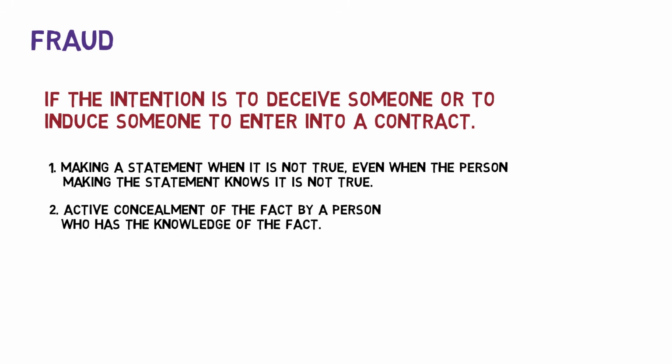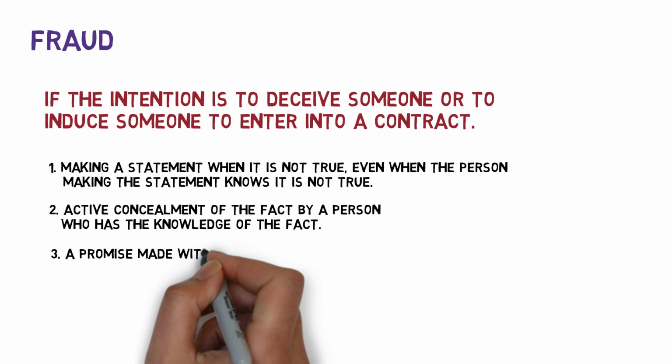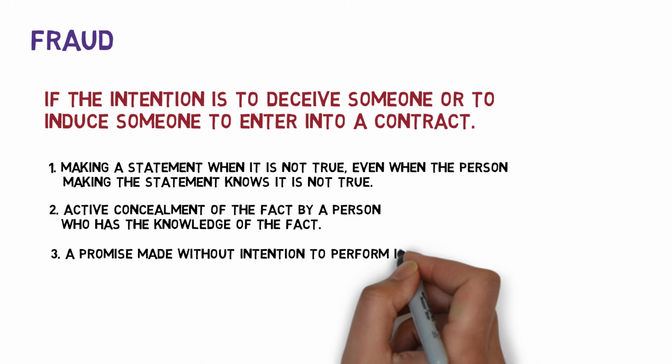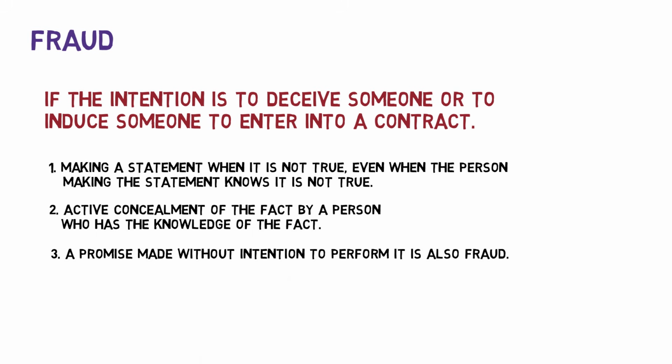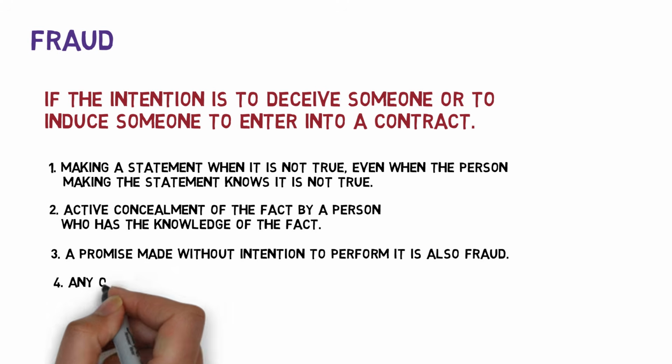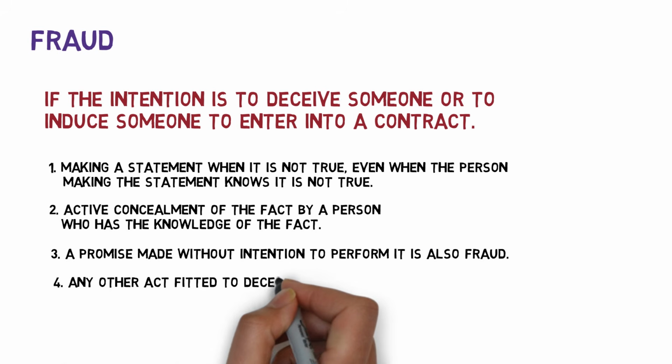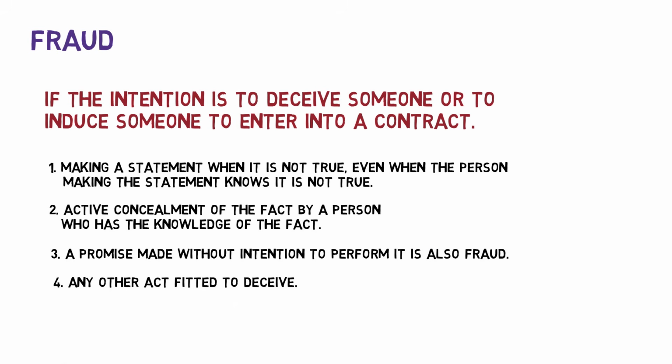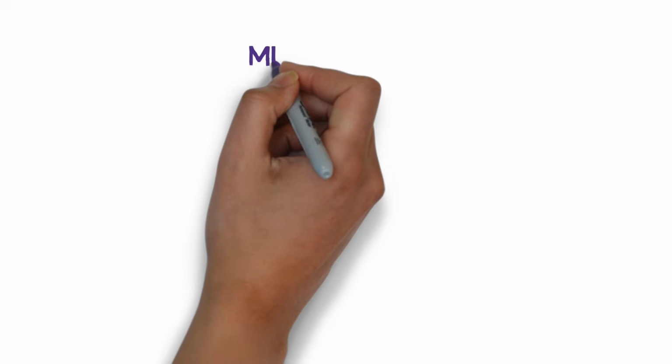Third, a promise made without intention to perform it is also fraud. Fourth, any other act fitted to deceive. And fifth, if there is some act or omission which is declared by law to be fraud. So these are the 5 things or situations which would be considered fraud if there is an intention to deceive someone or to induce someone to enter into a contract.